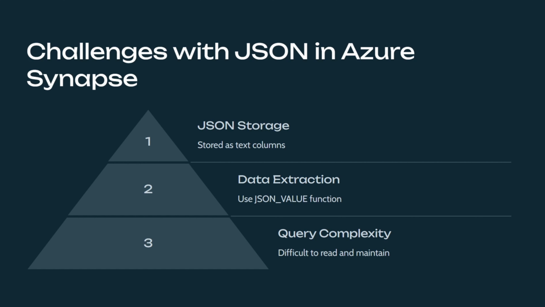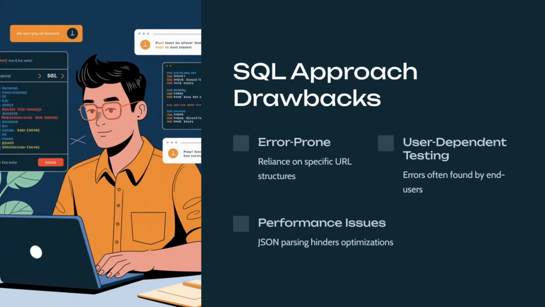Now, if you've been around the SQL block a few times, this query might not seem too terrifying. But let's be honest, all that JSON parsing makes it about as readable as ancient hieroglyphics. And don't even get me started on the testing. We're relying on specific characters being in specific places in the URL.